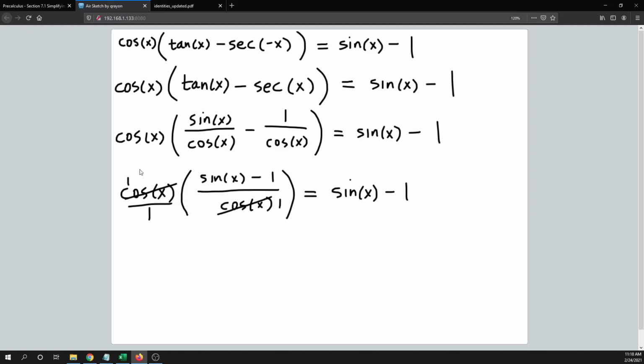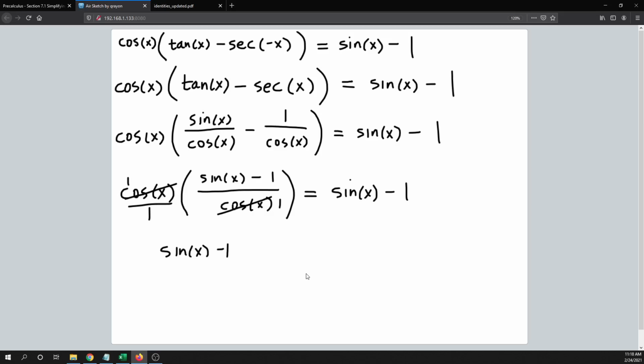All right, and so now I can go ahead and multiply these fractions. 1 times sine x minus 1 will be sine x minus 1. And on the bottom, I have 1 times 1. So that would be sine x minus 1 over 1. Well, anything over 1 is just itself, so I'm just going to leave it like that.